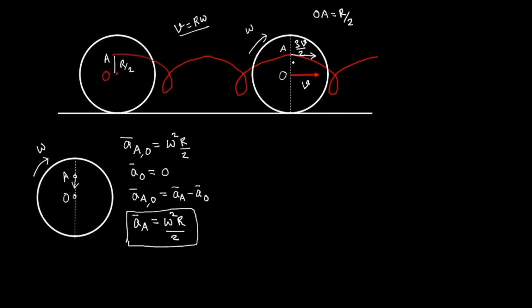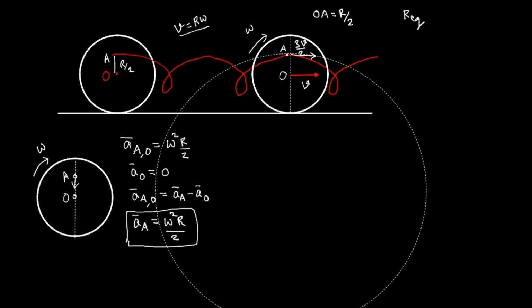Now this is the velocity, and let us say the equivalent radius of the trajectory at this point is R equivalent. R equivalent is the radius of trajectory at this point, and this we have to find. So let us draw an equivalent circle like this, and the center of this equivalent circle is somewhere here. That means R equivalent is this.